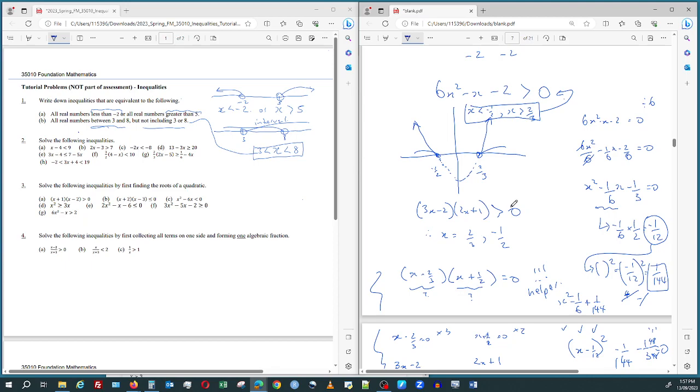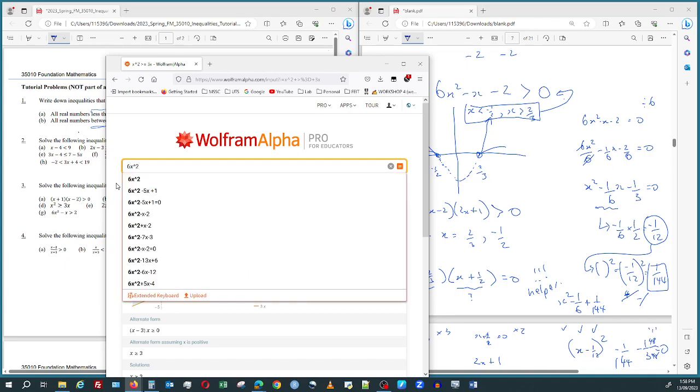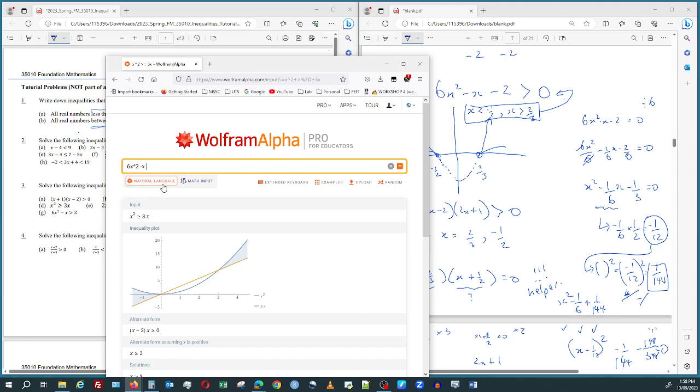Okay, so we had the bugbear of the drudgery of the gymnastics, but we got there. If you can do that, you're an M1 student. Now, just to check that, we'll use technology and put that in. So we've got 6x squared greater than 2.